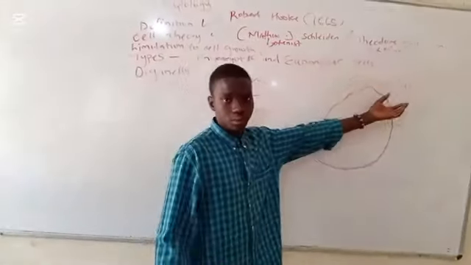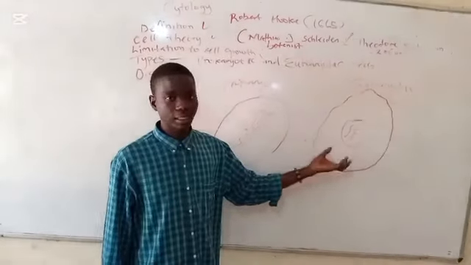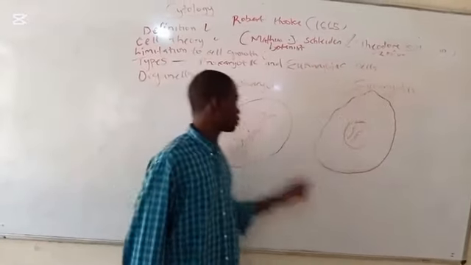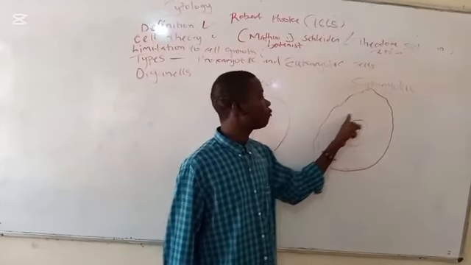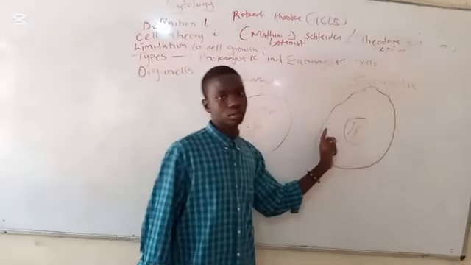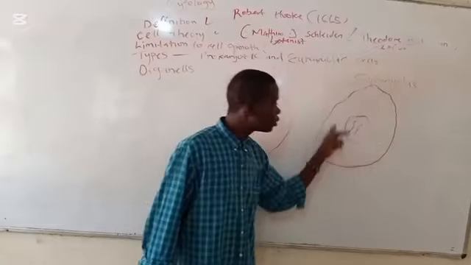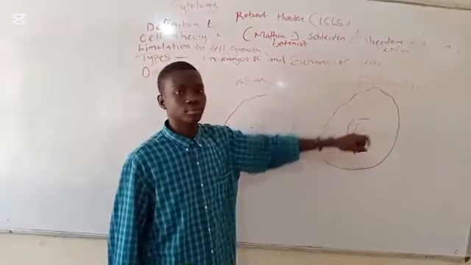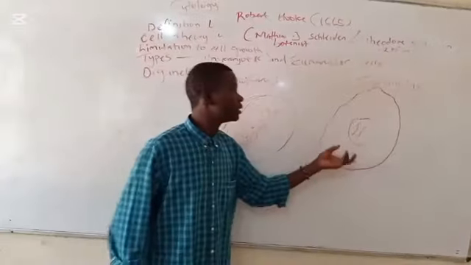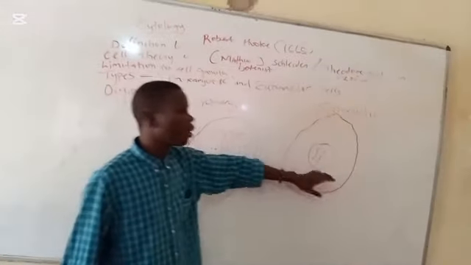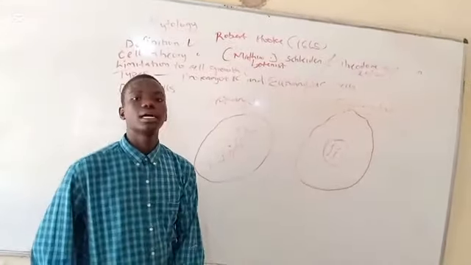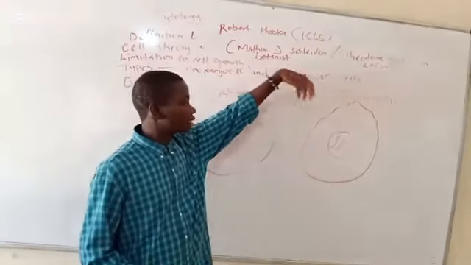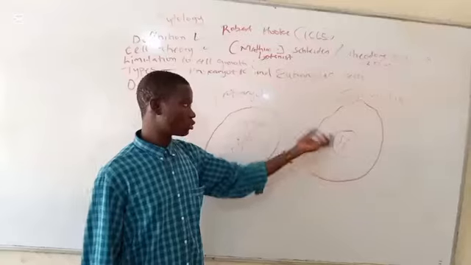Now, coming to eukaryotic cells, which are the truly nucleated cells, as you can see, they have a membrane just like this. They have what we call a nucleus, and it is in this nucleus that the genetic material is embedded. Another thing to note about them is that they also possess organelles. There are different organelles in these cells that are responsible for different actions of the cell.